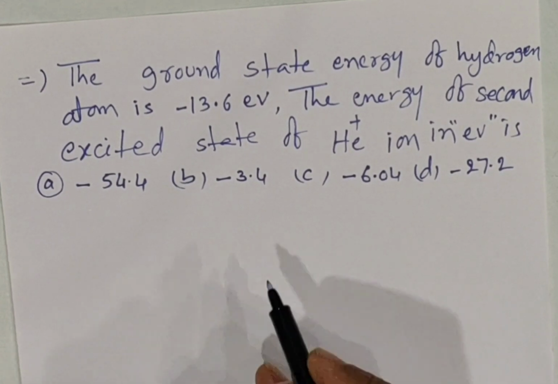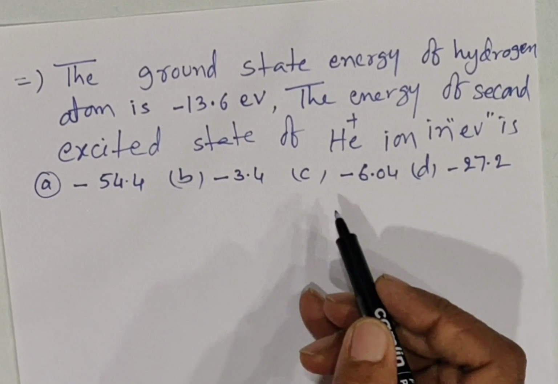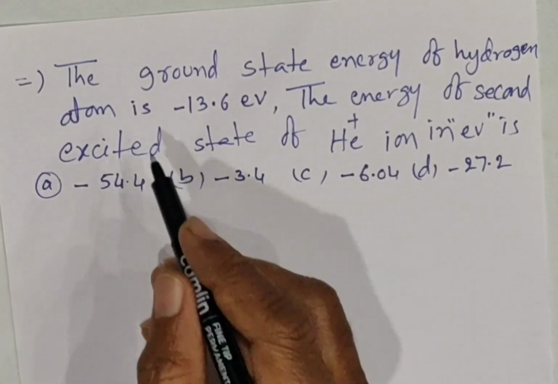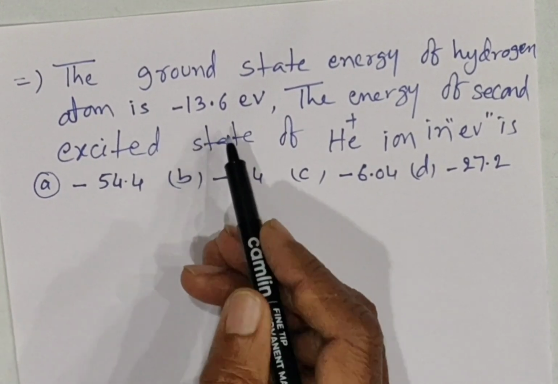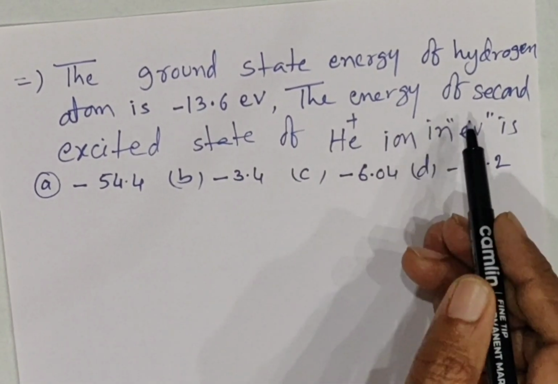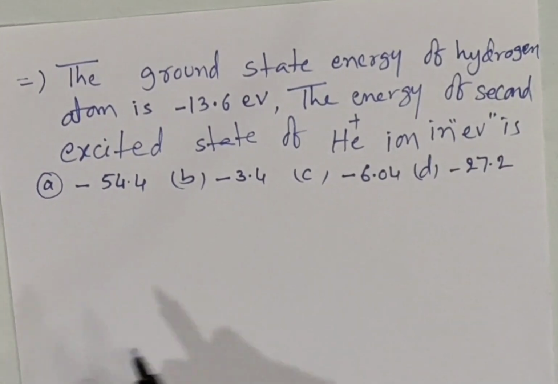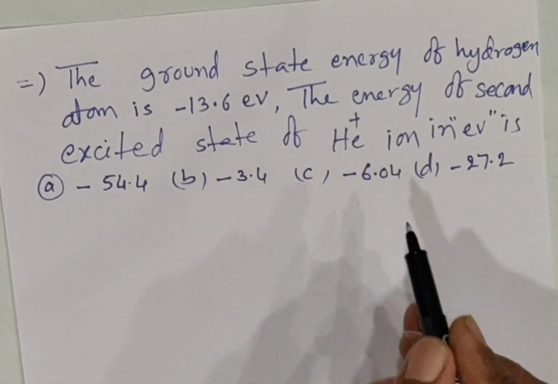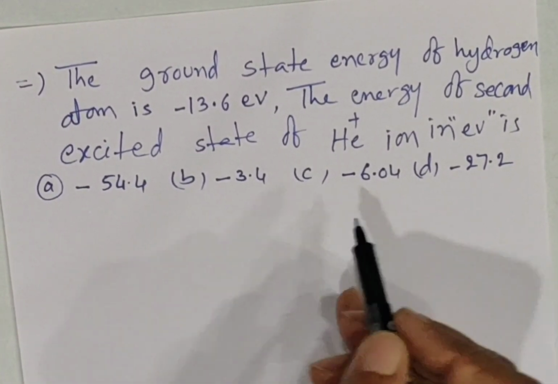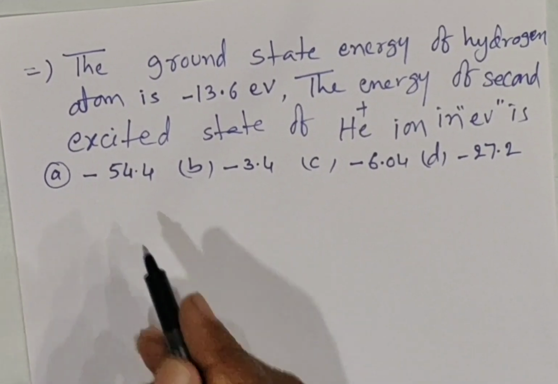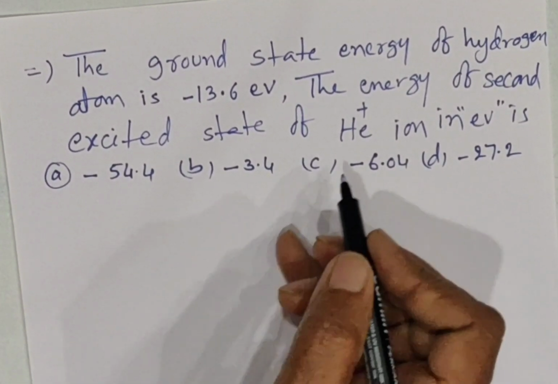Now dear students, another important problem given in the previous examination: the ground state energy of hydrogen atom is minus 13.6 electron volts. The energy of second excited state of helium ion in electron volts is, right? So when we analyze the options, we have to calculate by using this data.